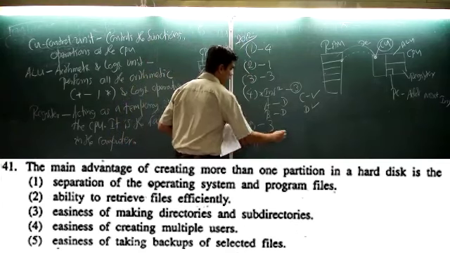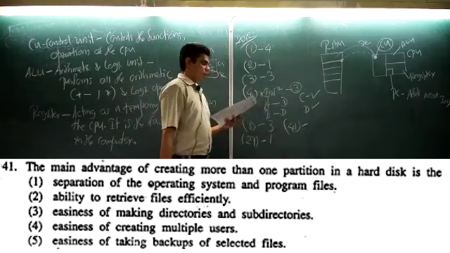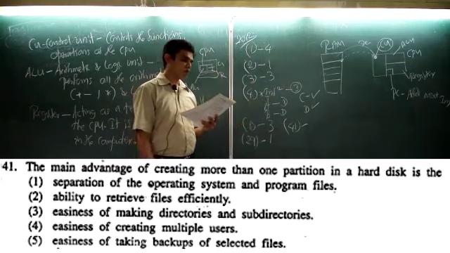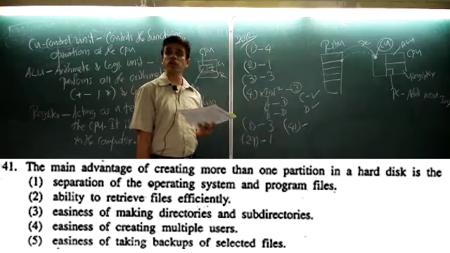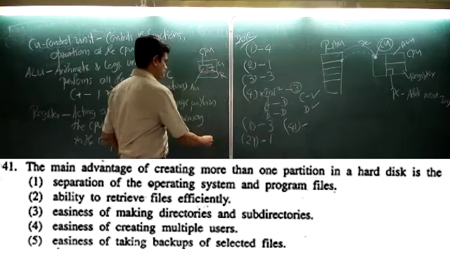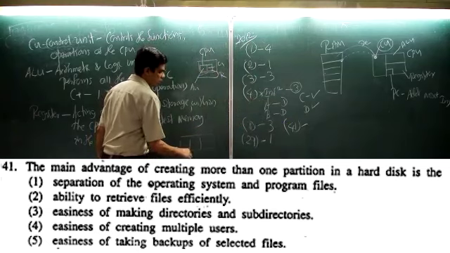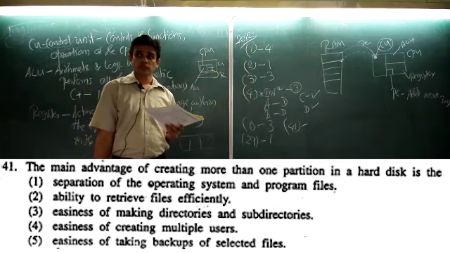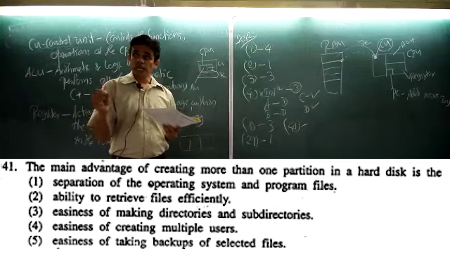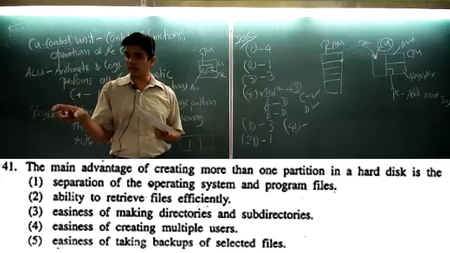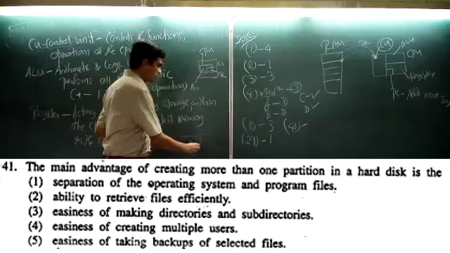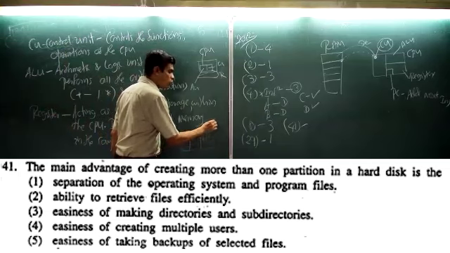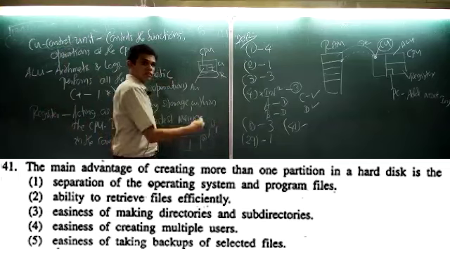Then the next one is 41. The main advantage of creating more than one partition in the hard disk. In the hard disk, there will be more than one partition. What is the use of it? To arrange your files in a proper way, isn't that? When I have a partition called D, I may store all my films, songs in it.